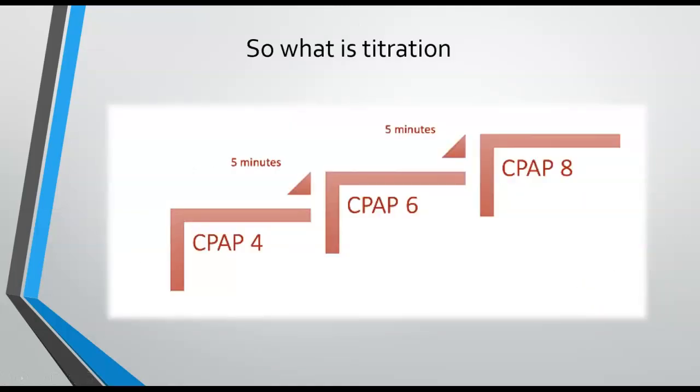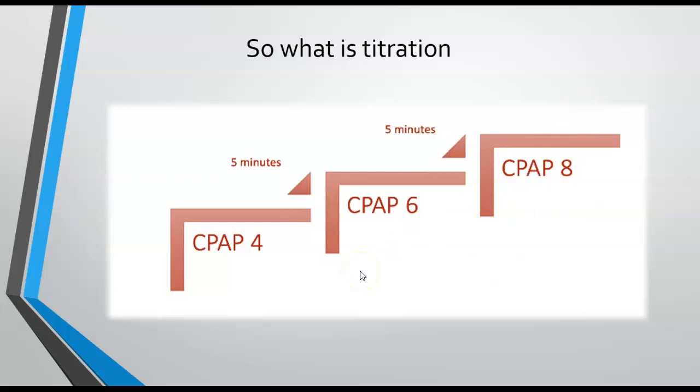So what is titration? In simple terms, you start a CPAP and gradually increase the pressure, based on the respiratory events you notice, until abolishing all the respiratory events. That is what the titration guideline, or titration, is all about.